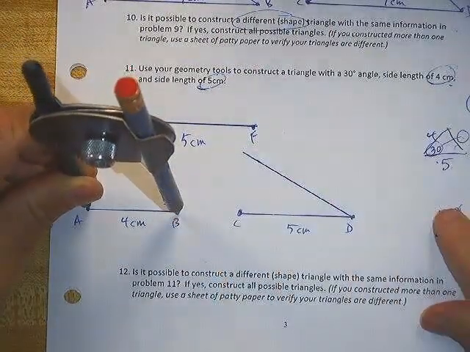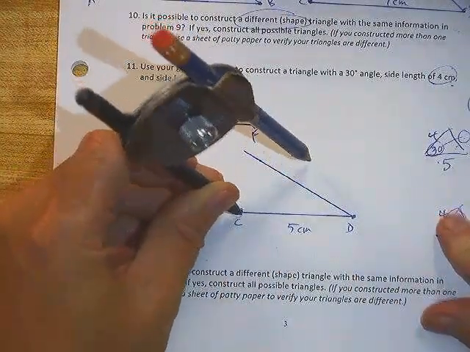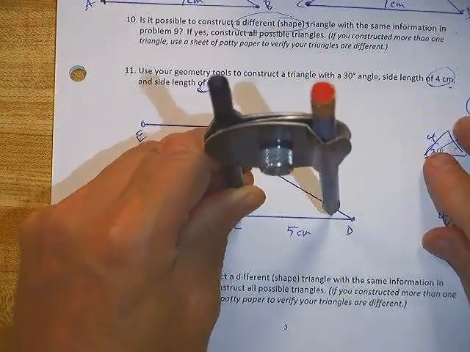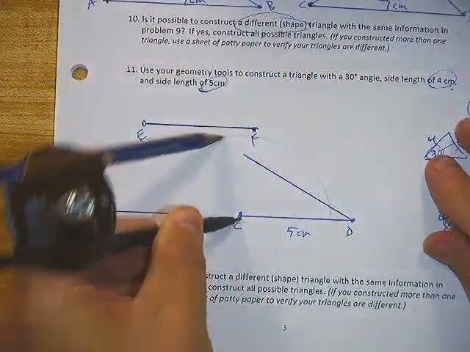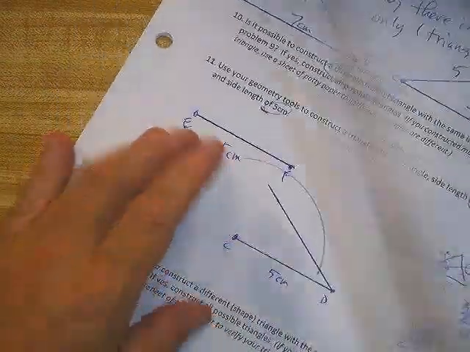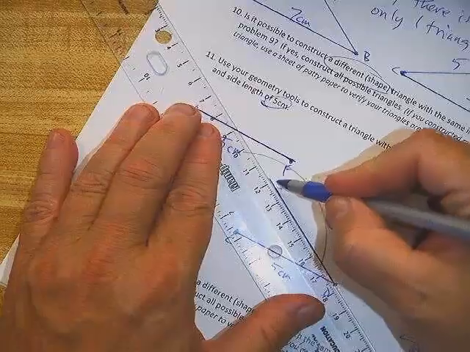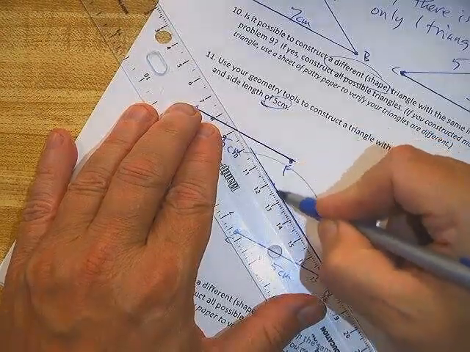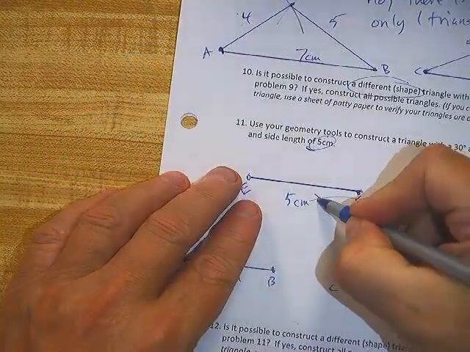So I'm going to make a length of 4, then I'm going to construct a circle. And when I construct the circle, you'll notice that the circle extend the side is going to touch up here.